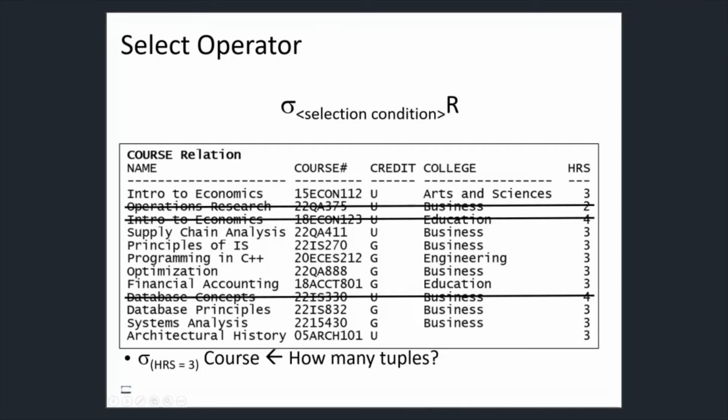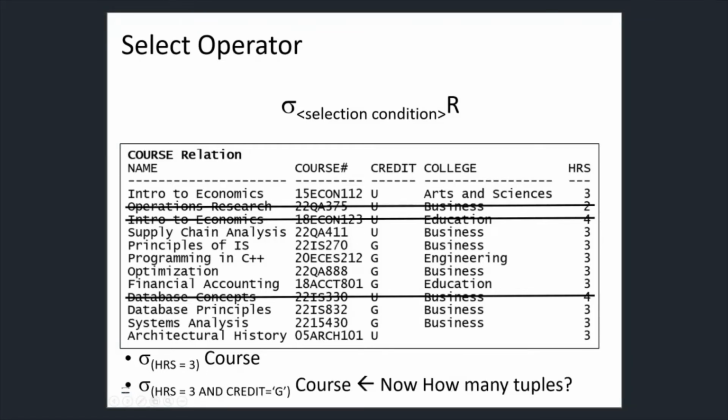We also have the ability to add more than one selection condition. In this case, in addition to hours equal 3, we've added credit must equal G to our selection condition. And the question again is how many tuples or what tuples will be returned?